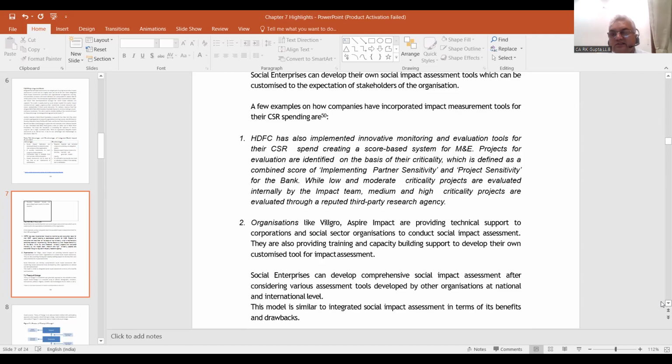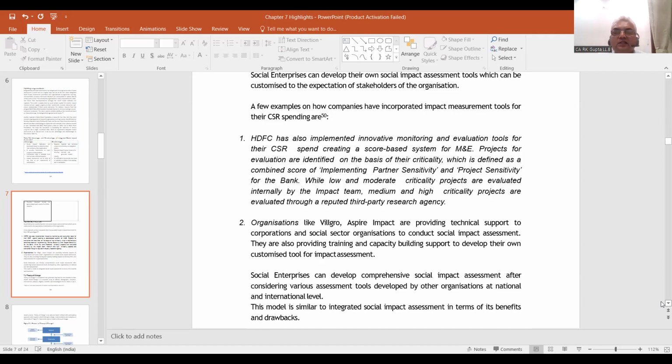So what HDFC is doing? HDFC is dividing the projects into 2 categories: critical projects and other projects. The projects with low and moderate criticality are evaluated internally. But those with high criticality are evaluated through a reputed third-party research agency.